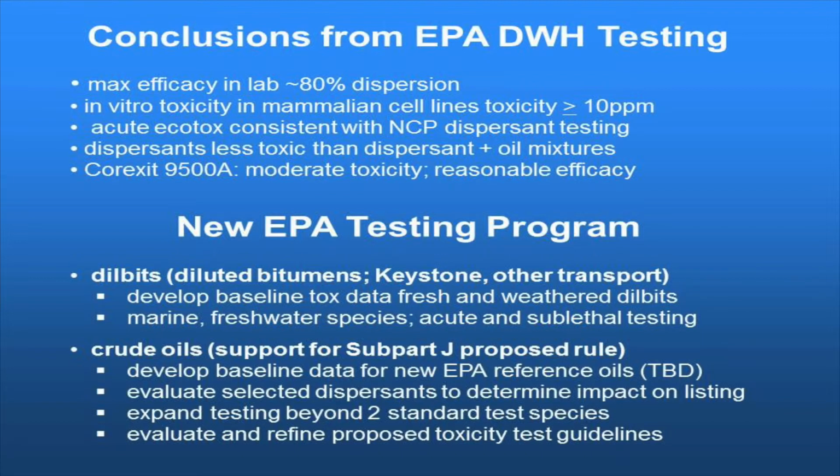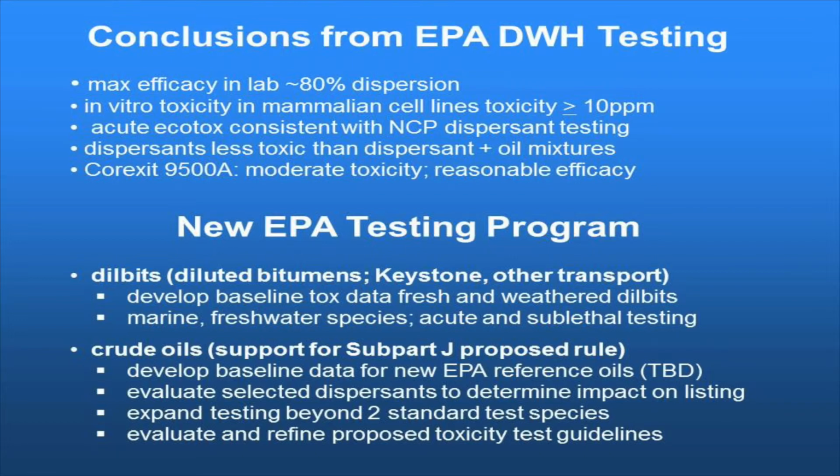So EPA is starting out just this year on a new oil testing program. This work was all done in 2010 to support Deepwater Horizon. One of the things we're looking at, not sure if y'all worry about this yet, is dilbits, diluted bitumens. These are the things from the Canada tar sands that are already being transported down to Houston to the refineries.